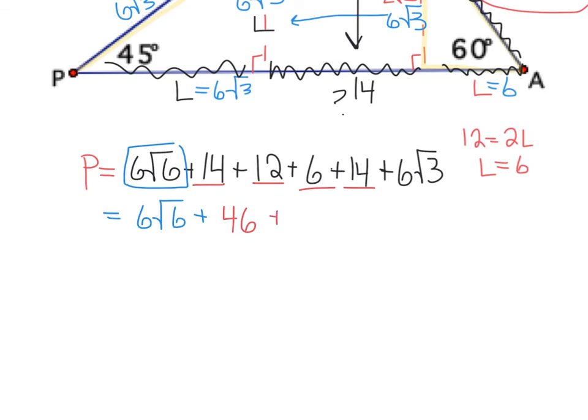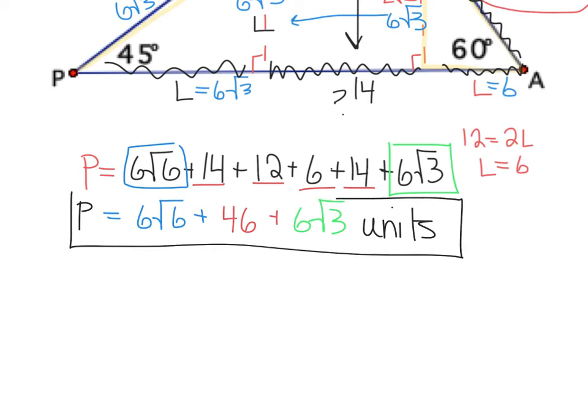And then plus, this is a root 3, so we have no one to combine that with, 6 root 3. So the perimeter here is 6 root 6 plus 46 plus 6 root 3 units. These three terms, in any order that I write them, would have been fine. So if I had 46 plus 6 root 3 plus 6 root 6, that's absolutely okay.